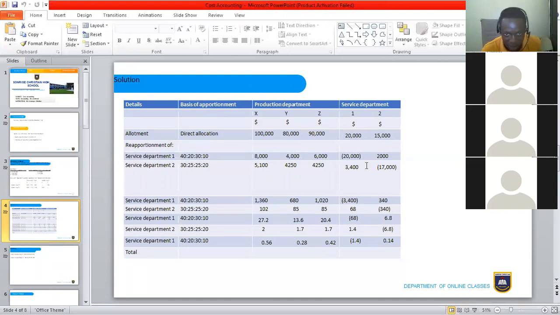Anybody who is ready can unmute and then give me the answer. Emmanuel, unmute yourself and explain. Tell me why we've decided to write direct allocation here.